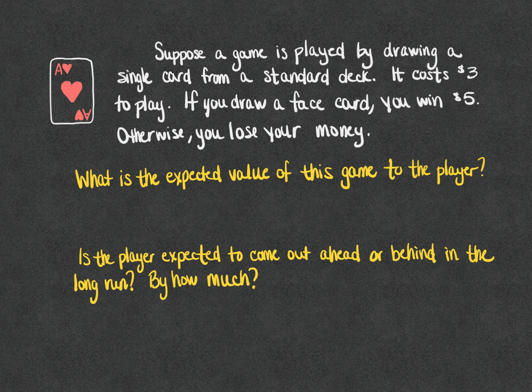So we'll begin by figuring out the different things that could happen. Okay, so first of all, if you draw a face card, you win $5. So if we draw a face card, the probability of doing so is 12 out of 52.